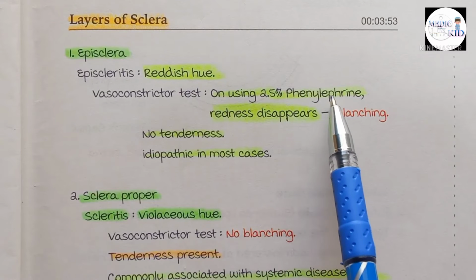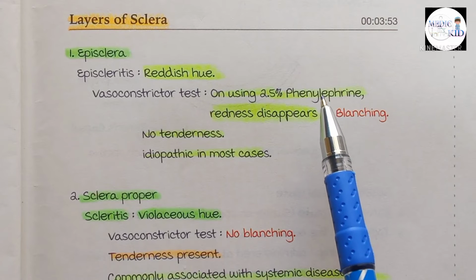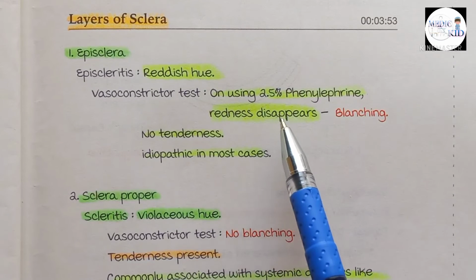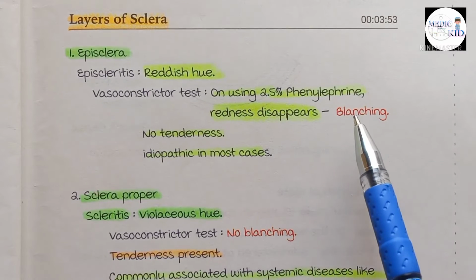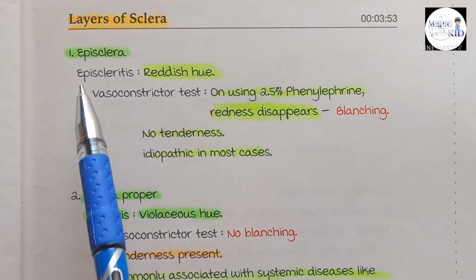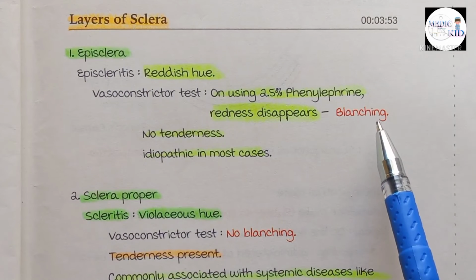Because the blood vessels will be constricted, and there is no more blood present in the blood vessels because of the vasoconstriction. So the redness will disappear, and this phenomenon is known as blanching. So we can say that if it is episcleritis, then blanching must be present.